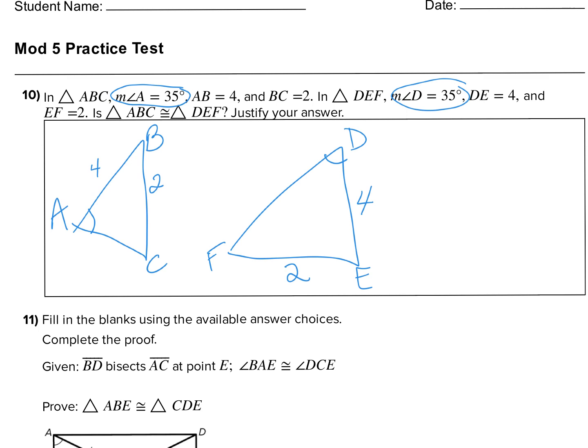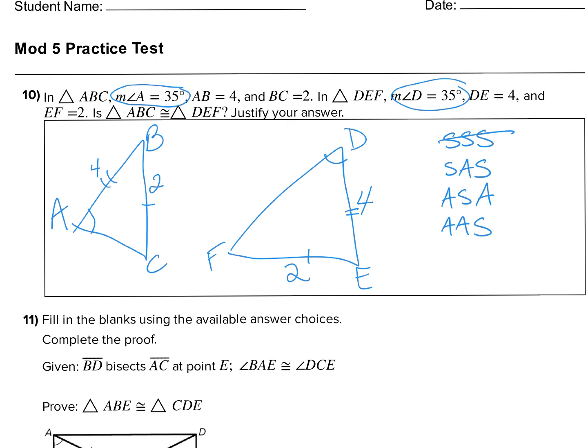Now, do they meet any of the 4 that we learned about? Well, it's not side, side, side, because I wasn't given 3 congruent sides. Side, angle, side.